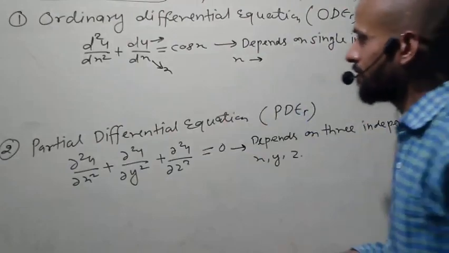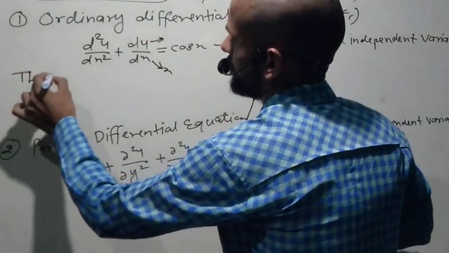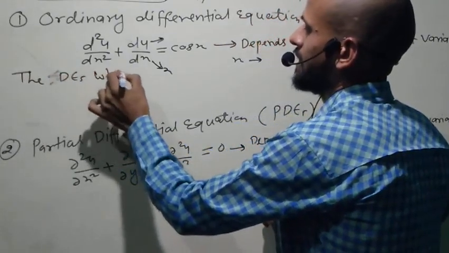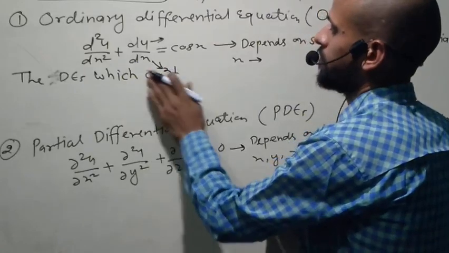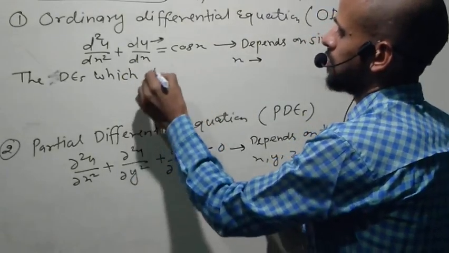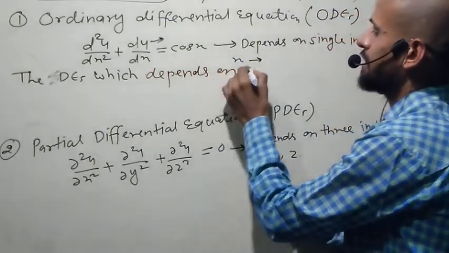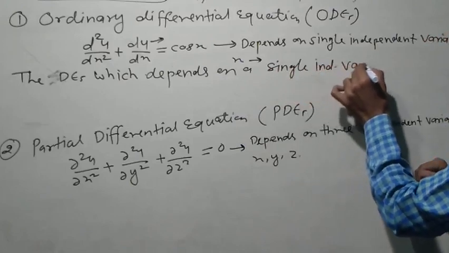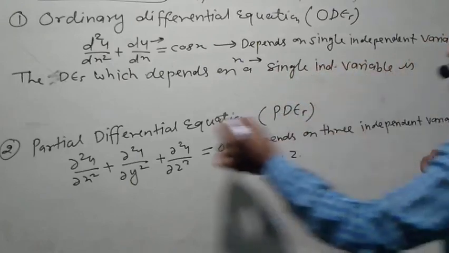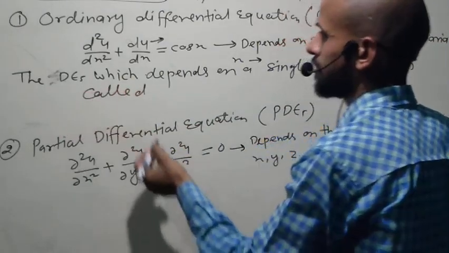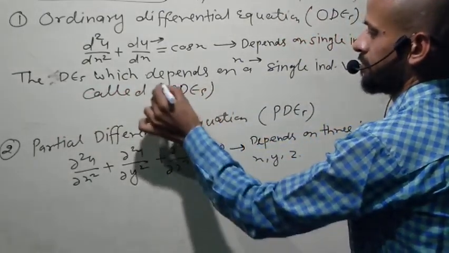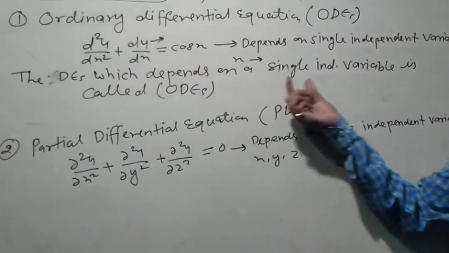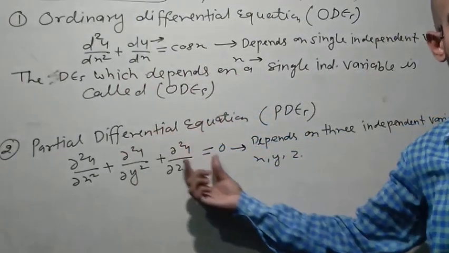So we can write one by one: the differential equation which depends on a single variable is called ordinary differential equation, and on the other hand the differential equation which depends on more than one independent variable is called partial differential equation.